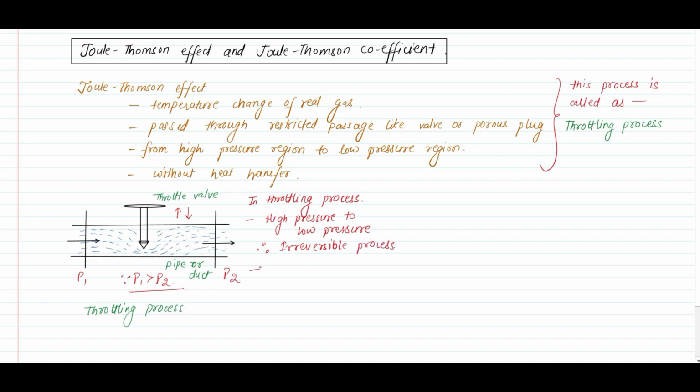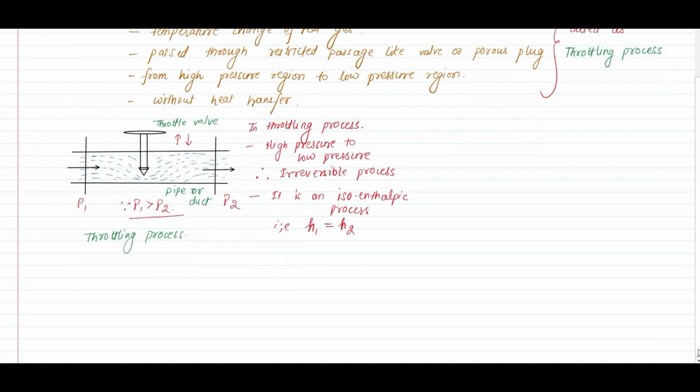It can never be reversible because it cannot flow from low pressure region to high pressure region. The other thing with the throttling process is that it is an isenthalpic process. Isenthalpic means that the inlet enthalpy is equal to exit enthalpy. It means energy is conserved during the process.